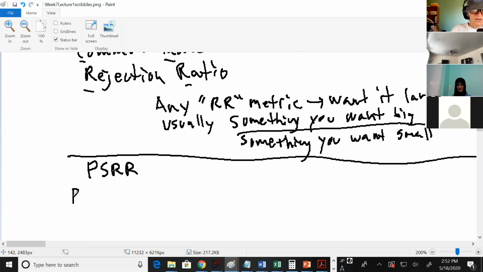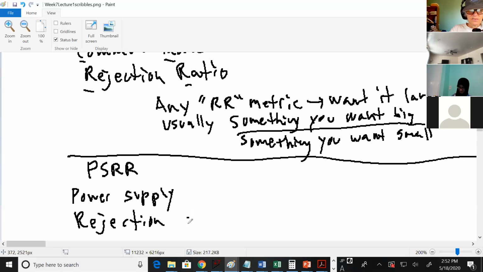This is power supply rejection ratio. And this again tells you something about the gain.